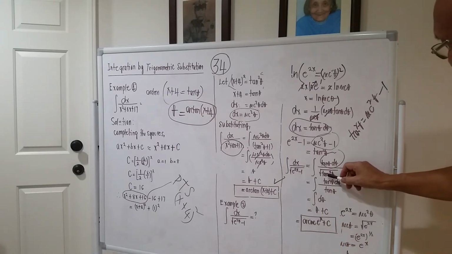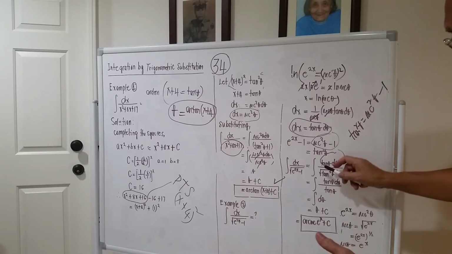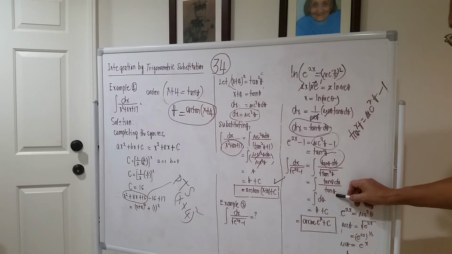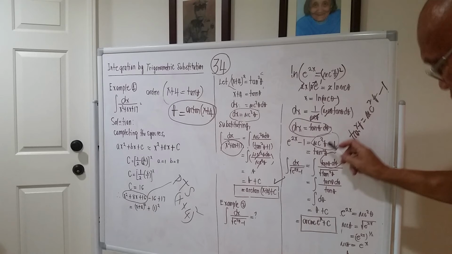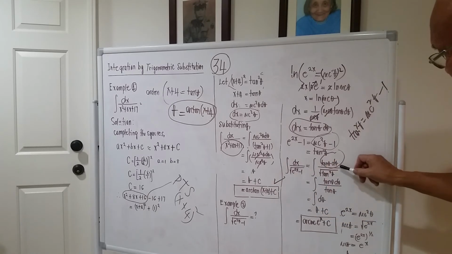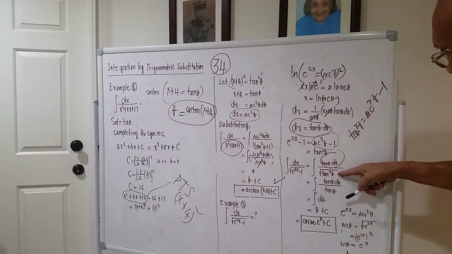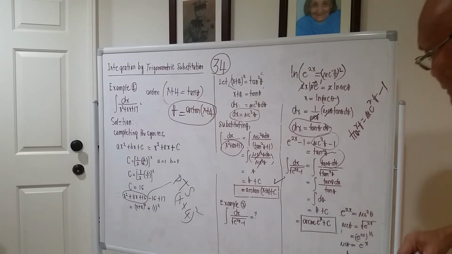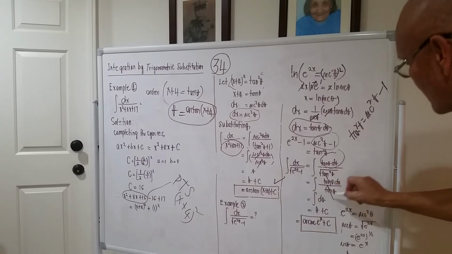Luckily, tangent square of theta is a perfect square, so the square root is simply tangent of theta. The resulting integral is the integral of tangent theta differential theta over tangent of theta. And again, luckily, this tangent of theta cancels with this.